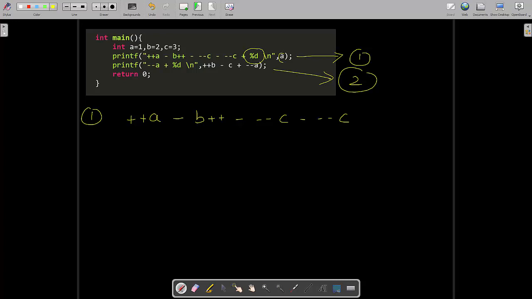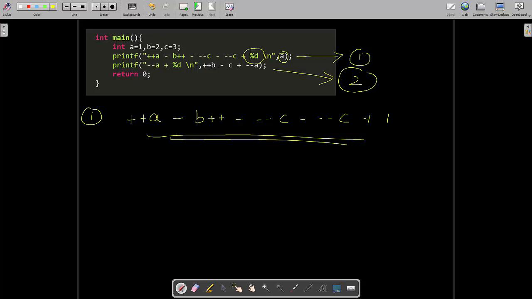So this is the only expression over here. So the value of a, that is 1, is going to be placed over here. So plus 1. So this is the solution for our first printf. So this is pretty straightforward.